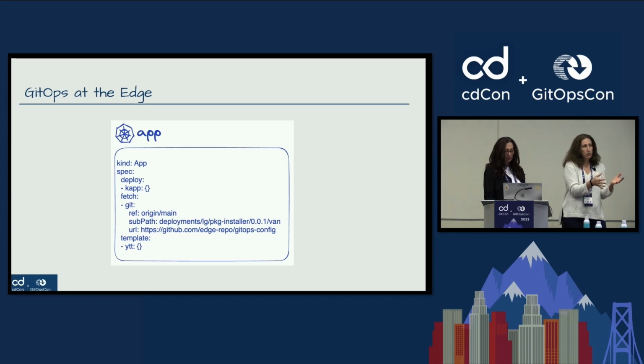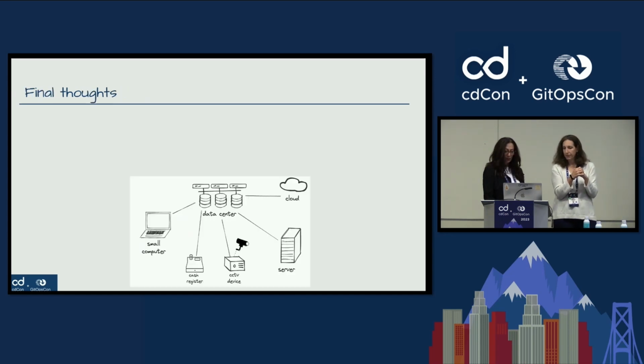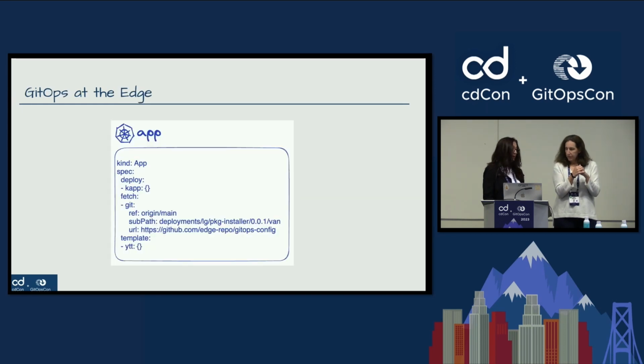Or you could set it at the repository level, if you want new repositories published and you want the automation at that level. But the app allows you to subscribe to a source of truth and trigger that GitOps process automation. Good. So before we go to the final thoughts, maybe a demo?